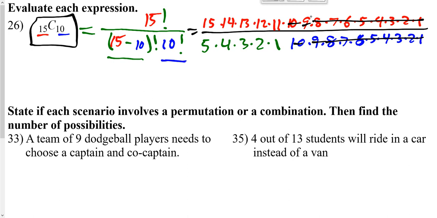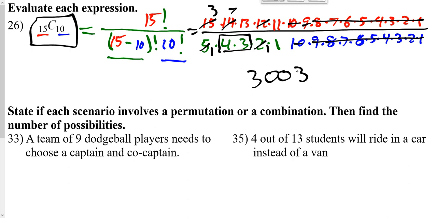Now when you're looking at what's before this, you could also simplify this because 4 times 3, you know, is 12. That's going to cancel out this. You have a 2, you could cancel out that and leave that with a 7. You have a 5, you could cancel out that, leaving you with a 3. And then you can just multiply that 7 times 3 times the 13 times the 11, multiply that out, and you would get this. Or if you happen to have a combination button on your calculator, you could just type that in.